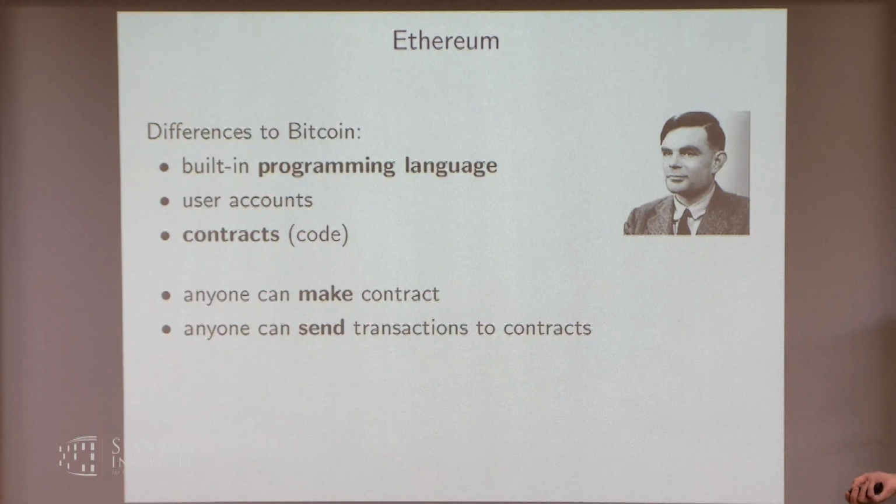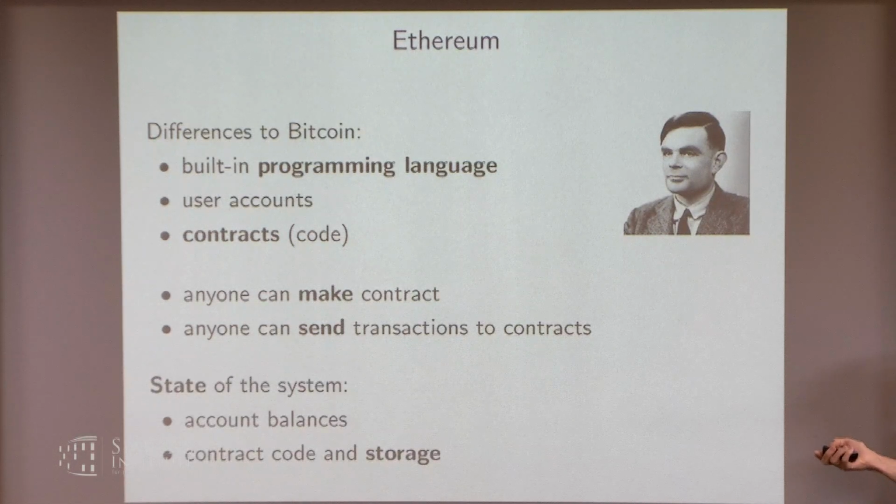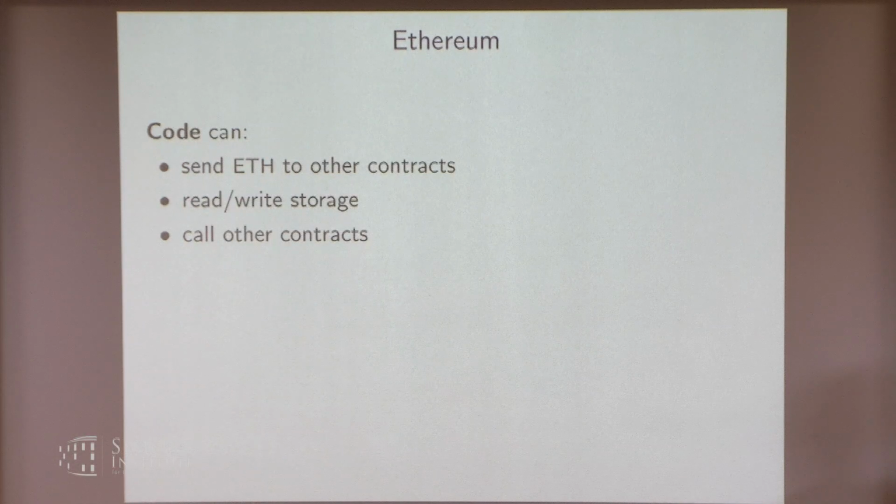Anyone can make a contract. You can send money to contracts. These contracts can then send money elsewhere, access other contracts. They have their own storage, so they have memory in the blockchain. Code can send money, read and write storage, call other contracts.